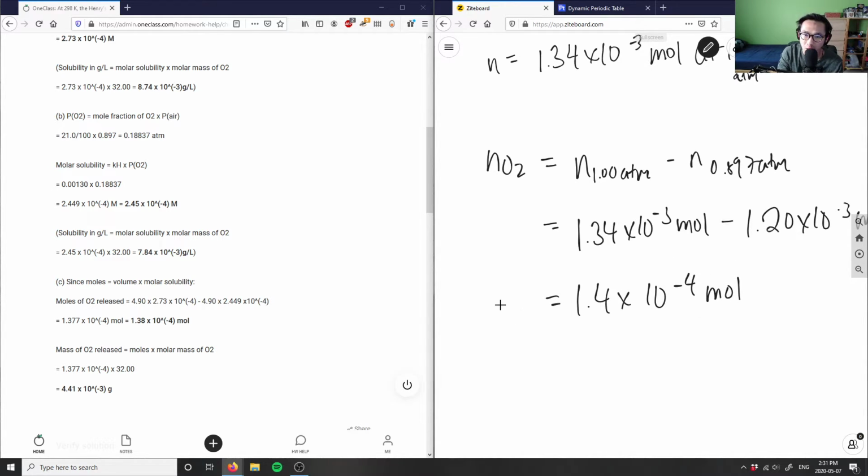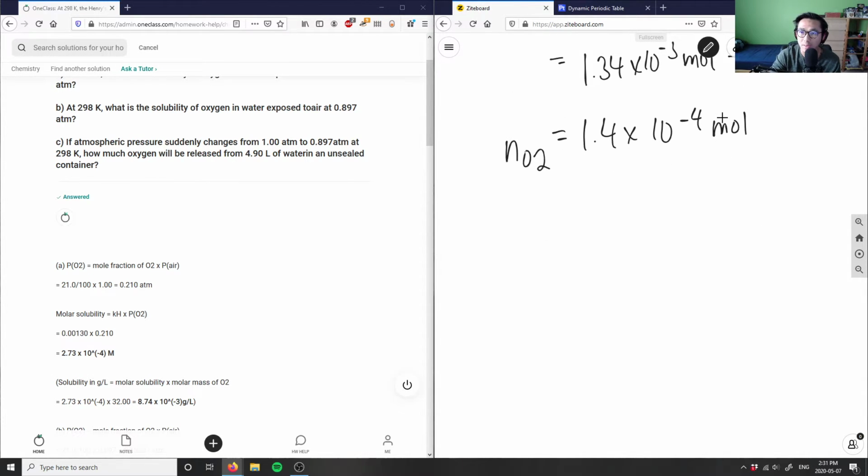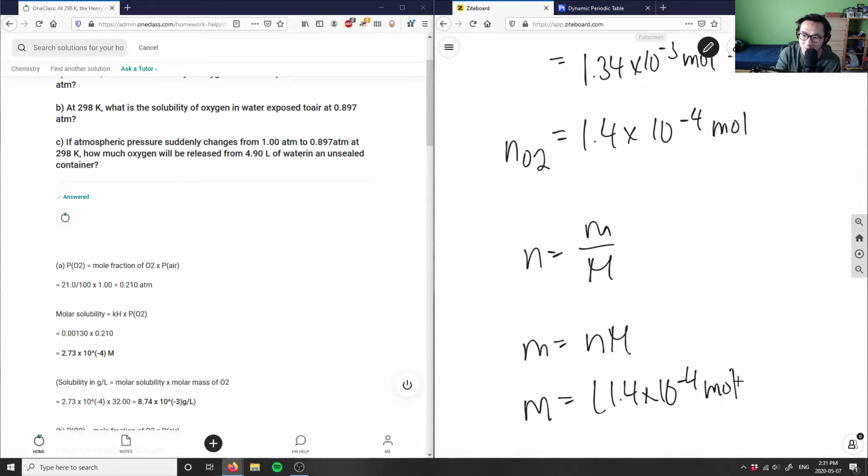Once we have our moles of O2, we can convert this into mass, because we want how much oxygen. Moles equals mass over molar mass, so mass is moles times molar mass. Mass equals 1.4 times 10 to the negative 4 moles times the molar mass of oxygen.